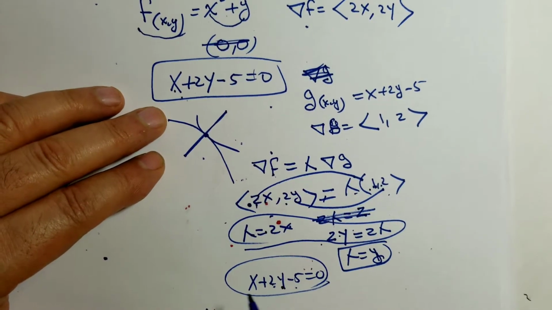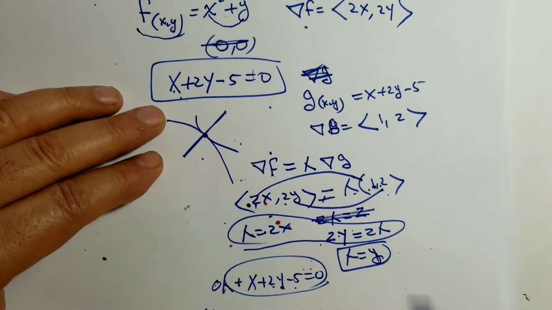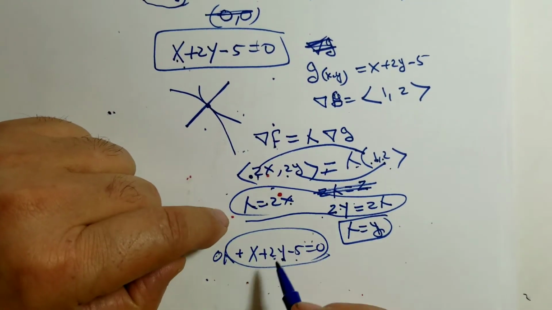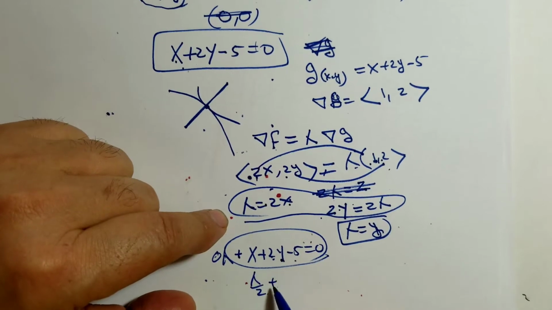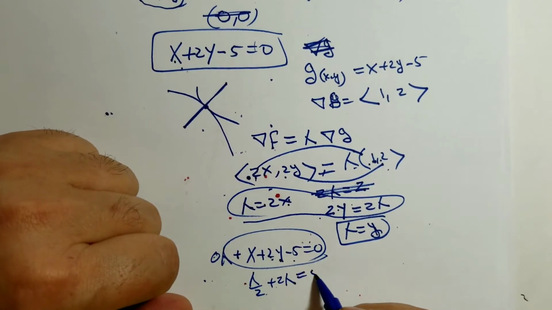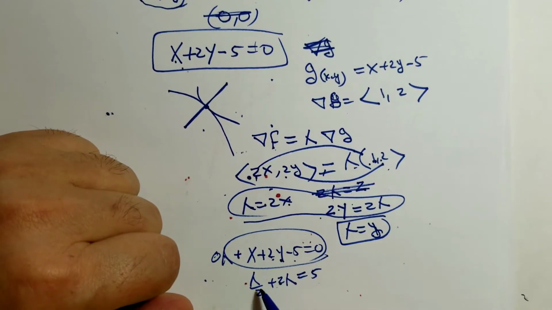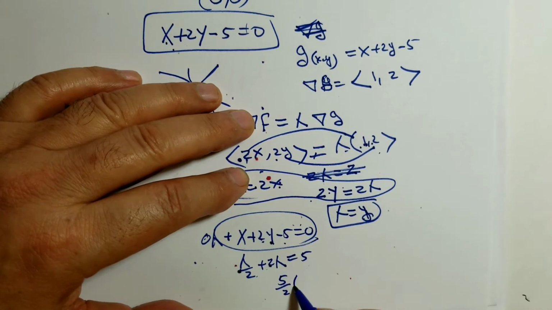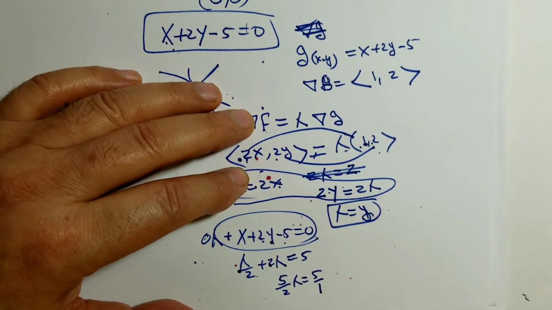Somebody said, I don't have a lambda here. Yes, you can add a lambda by 0 times lambda. Then, what is your x? Lambda over 2. What is your y? Lambda. Equal to 5. 2 lambda plus half a lambda is 5, so 5 halves lambda equal to 5 over 1.